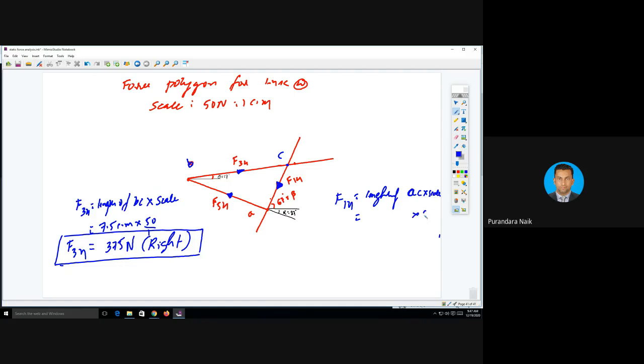Can anyone tell me the answer for AC length? 5.3 centimeter into scale. Answer? 265 Newton, downward.